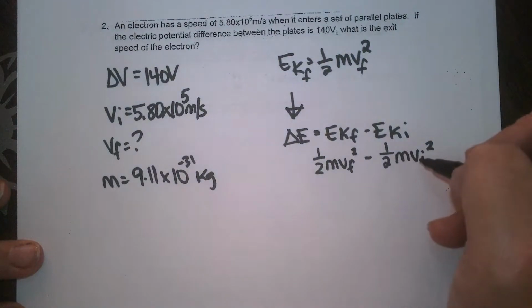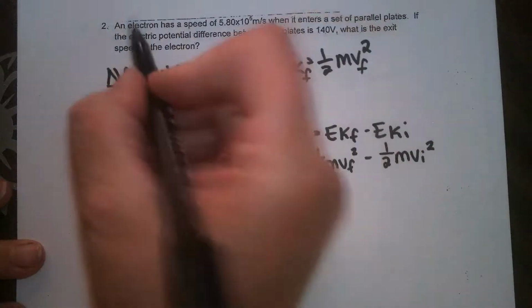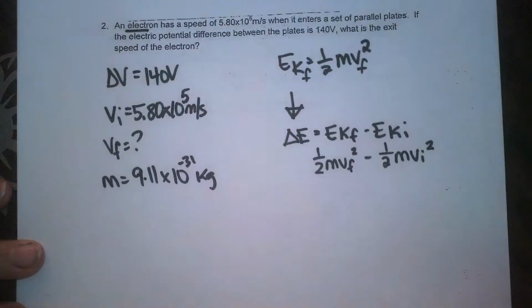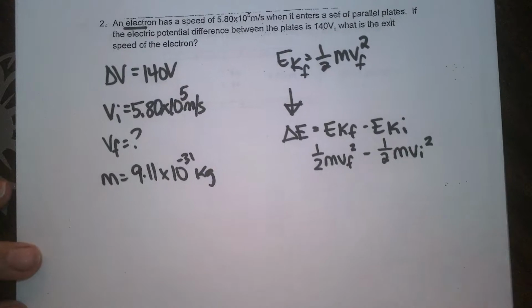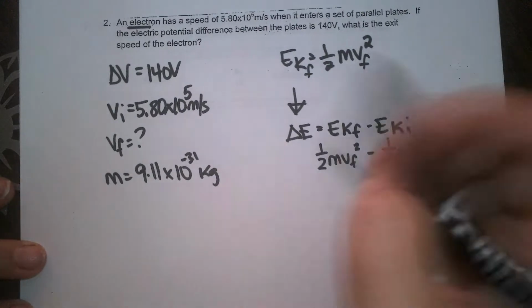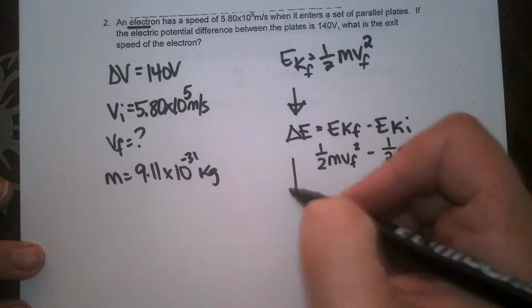If you look on your data side of your table, if you look up the mass of an electron, 9.11 times 10 to the negative 31, because in the question it says an electron. You would have to be told. It could say a proton, it could say an alpha particle. Can we find change in energy?